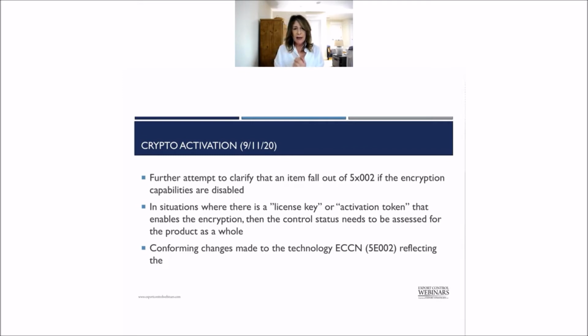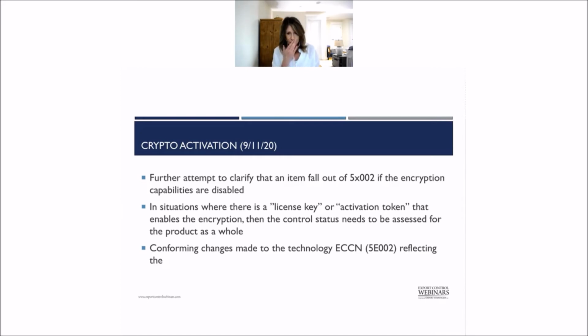You would only have a concern if the customer wanted the fourth piece of functionality that used encryption. They would have to get a license key or something to enable that functionality in the appliance. Then that license key would carry the designation for Category 5 Part 2.